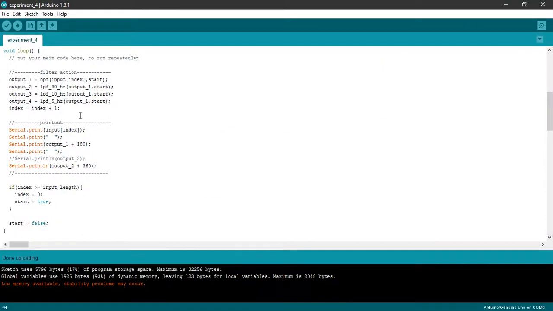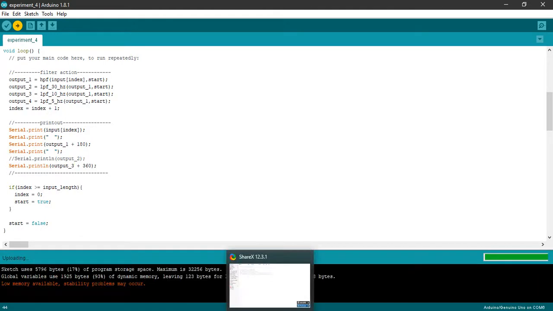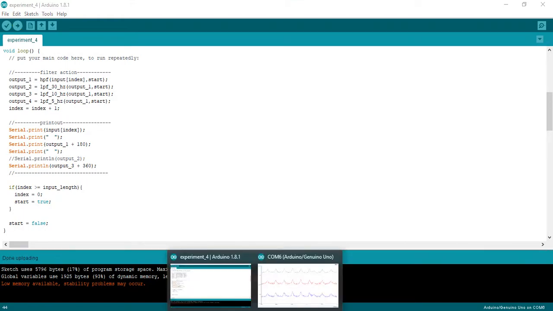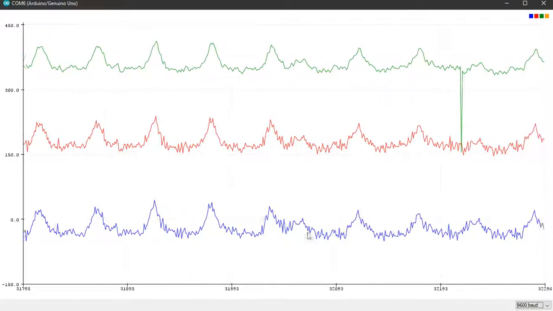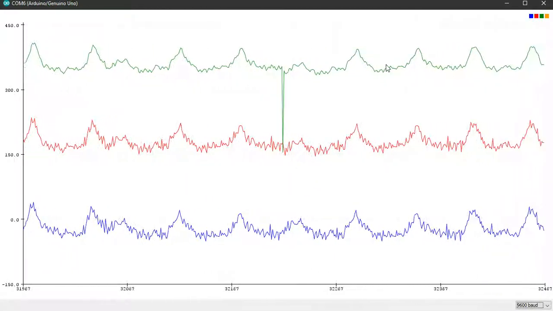So we can think of output 3, which is the output of LPF with 10 Hz cutoff. See, the data has become slightly smoother.